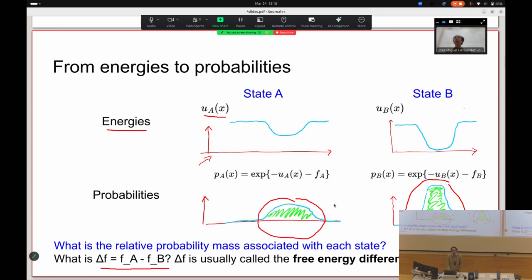Our goal here is going to be to estimate these free energy differences. These are super important quantities, especially in drug design. If you want to design a new drug, you want your new drug to mix with water, because otherwise it's not going to be assimilated by a person taking your drug, for example.